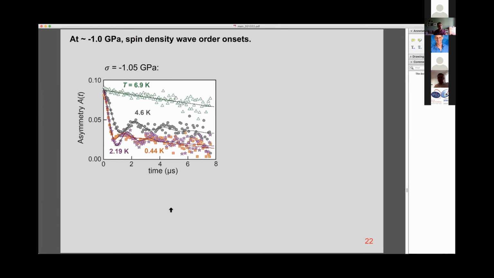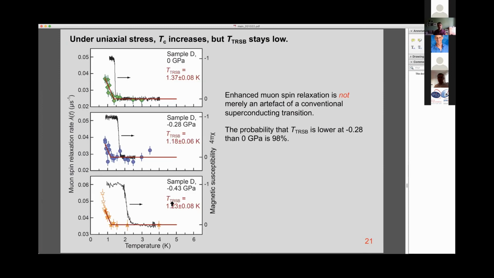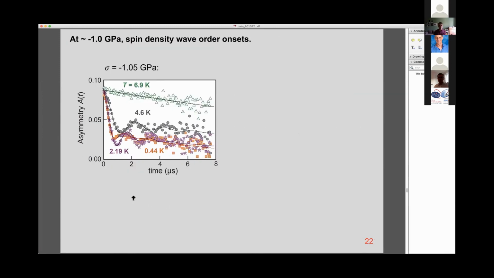Going to higher stresses, my colleagues at TU also observed spin density wave order. So now we're under a stress of 1.0 GPa. This is beyond the Lifshitz transition, and at 7 Kelvin they see normal spin relaxation.